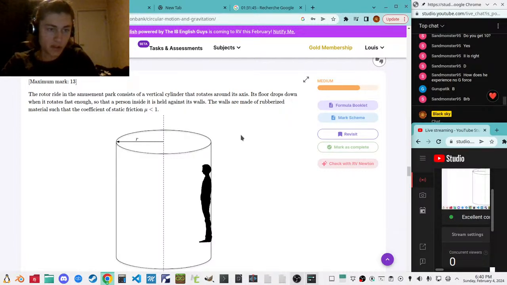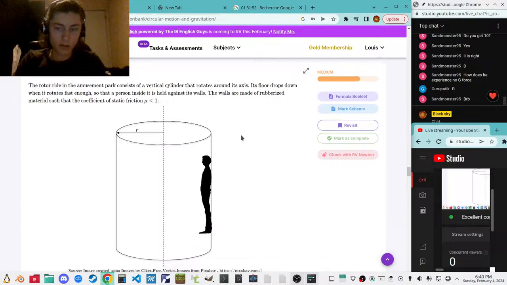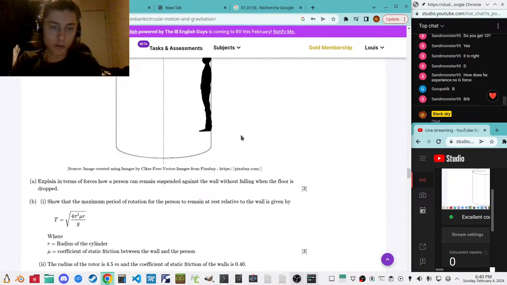Its floor drops down when it rotates fast enough so that the person inside is held against the walls. The walls are made up of rubberized material. It's always that question.